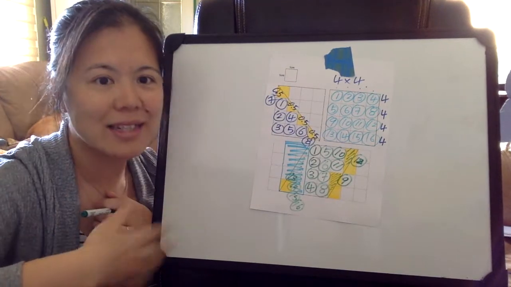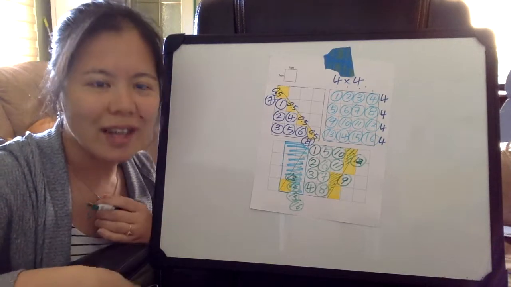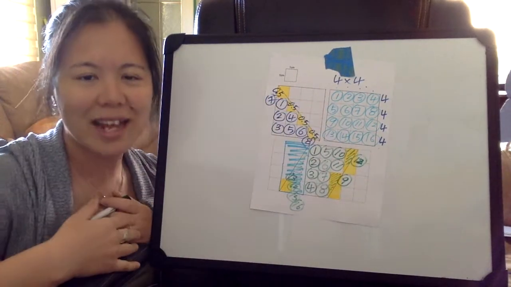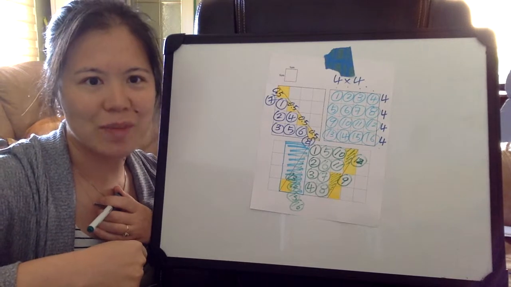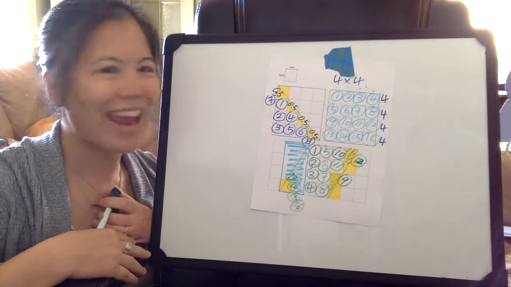Where is it divided in half? Maybe it's not divided in half, but divided in quarters. And if you start to notice that kind of thing, things will start to make sense. So that's one way to practice thinking about areas and measurements. Okay, thank you.